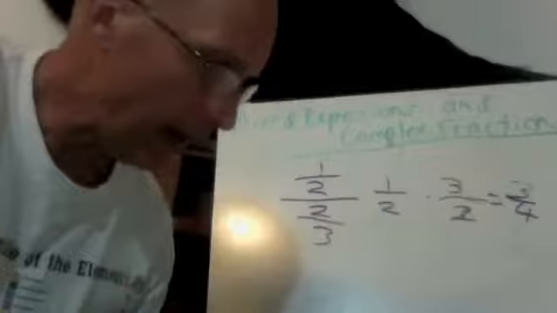Occasionally there'll be something that you can cancel. Let's do probably the hardest one we'll do for this section. It's example 4 on page 722. Let's try that real quick. So it just says 2 over y plus 3 over 5 over y squared minus 9.